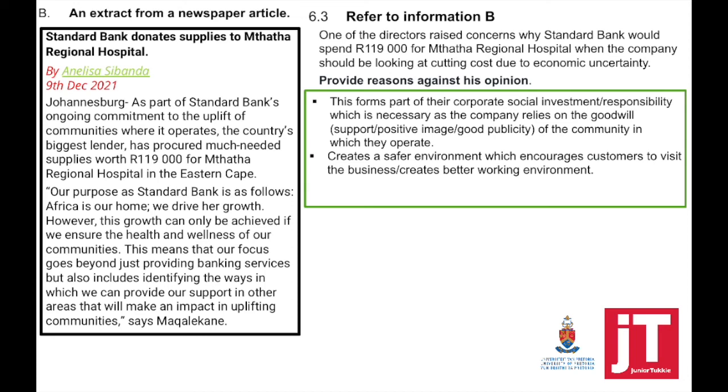It creates a safer environment which encourages customers to visit the business and creates a better working environment. As mentioned before, this is all part of King Code. In uplifting the community, remember the triple bottom line: it's not only about profits, but also about the planet and people.